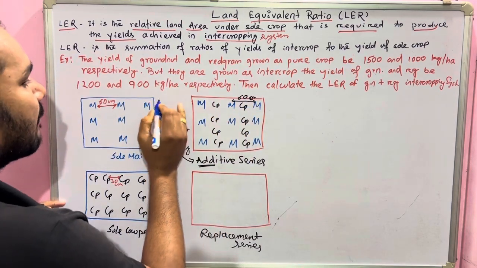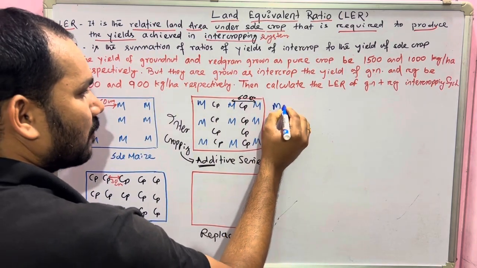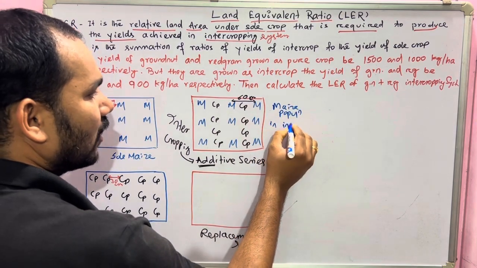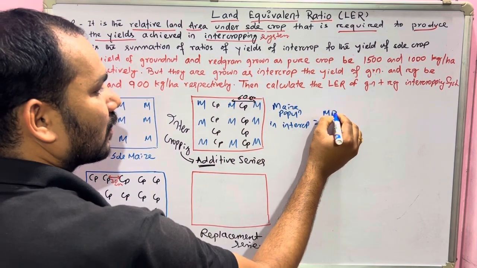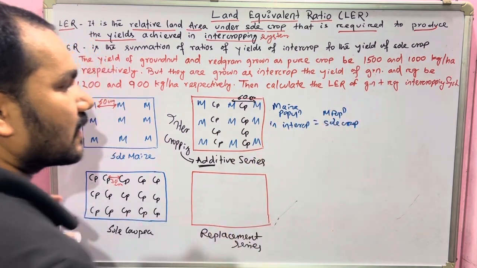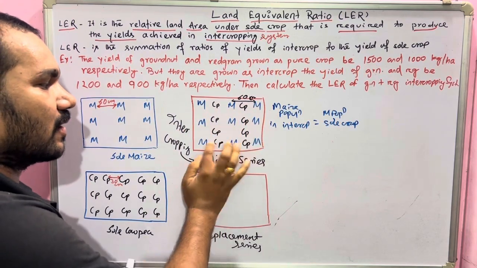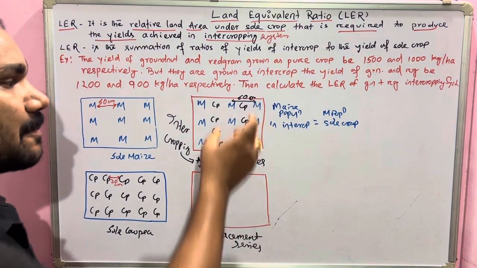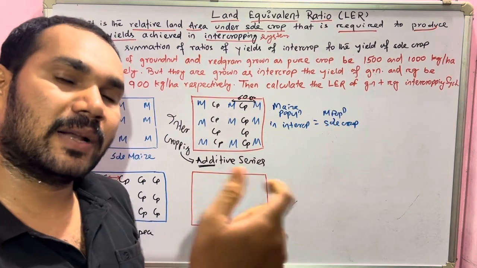That means the maize population in intercrop is equal to the maize population in sole crop. Whatever the maize population in the intercrop, it is equal to the maize population in the sole crop, because the spacing is the same, and the population depends upon the spacing.